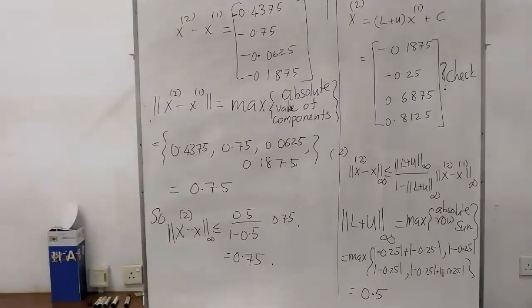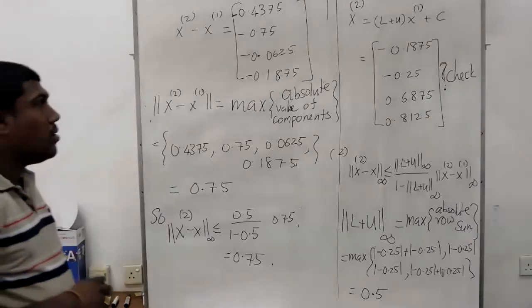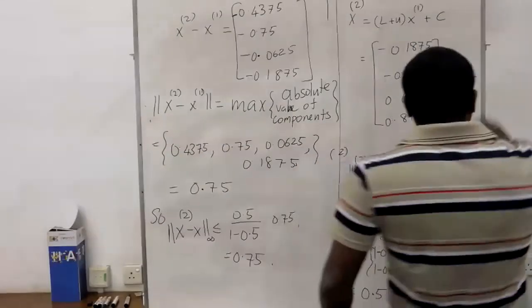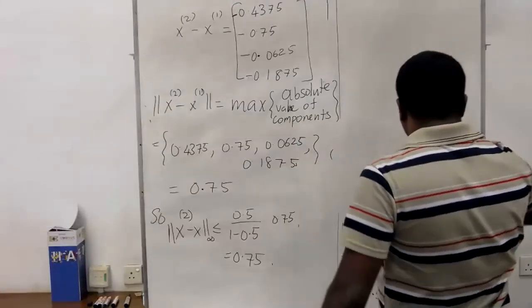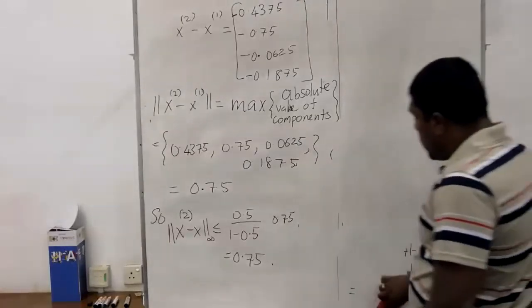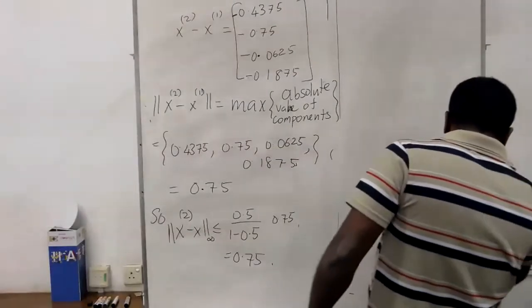Now we have to do part 4, which asks about the convergence of the method. The question is, will these iterations converge? We have to do it for all the iterative methods. So let's do it for Jacobi.